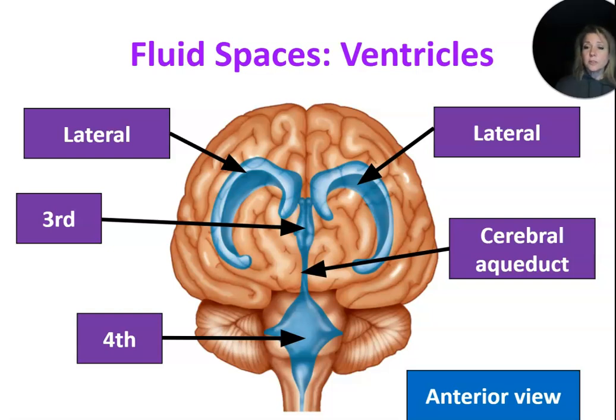The 3rd ventricle is the one that surrounds the thalamus. Then we have a connection called the cerebral aqueduct, which connects the 3rd ventricle with the 4th ventricle. The 4th ventricle lies in between the cerebellum and the cerebrum.